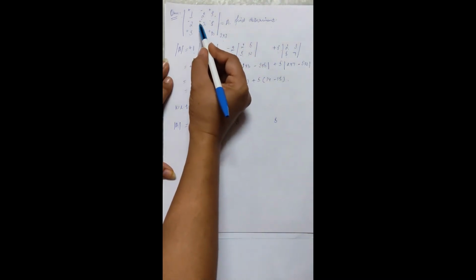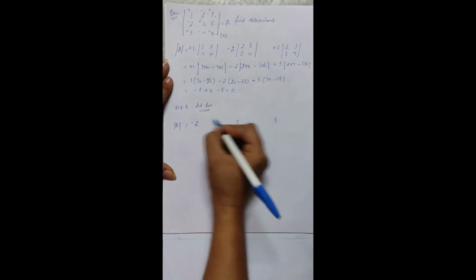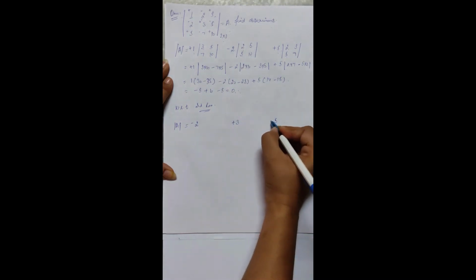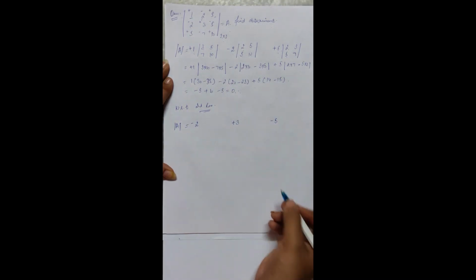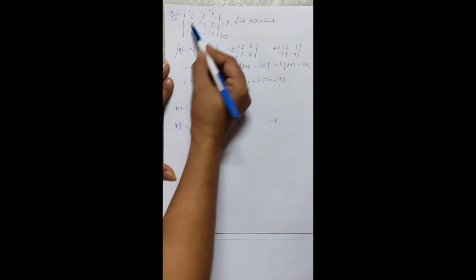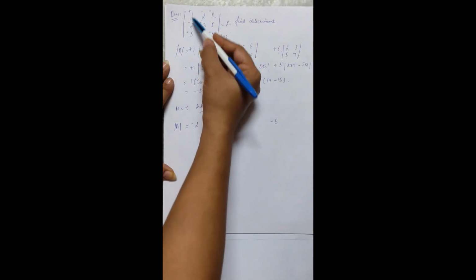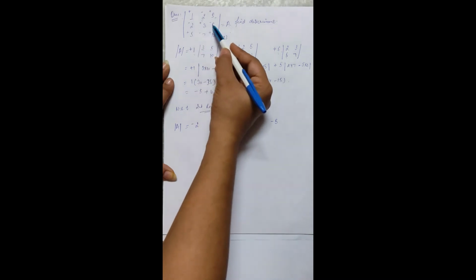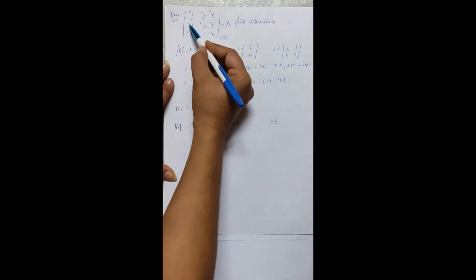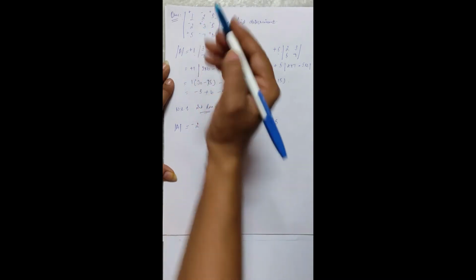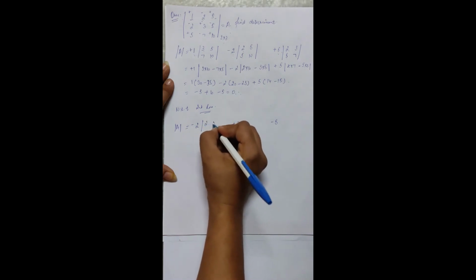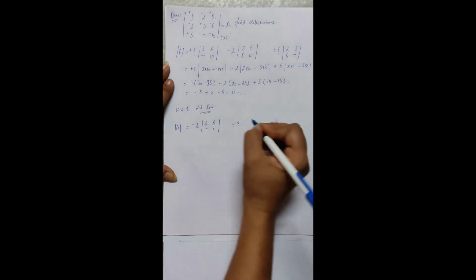I have written them on top: minus 2, plus 3 and minus 5. If I take minus 2, I will not take the values of this corresponding column and row in which 2 is there. So I will write 2, 5, 7, 10.